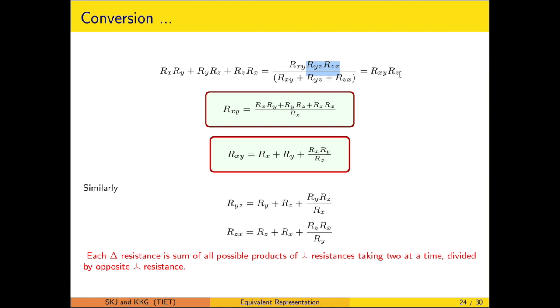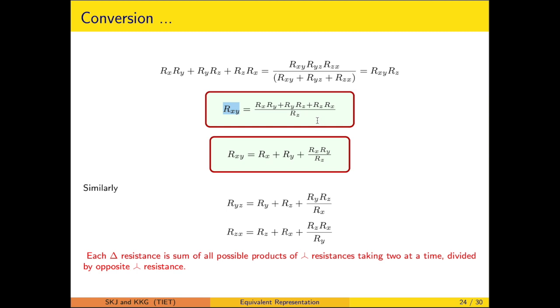Now we are dividing the whole expression by Rz, so you will end up with Rxy. What it is giving us is that the numerator is the sum of all possible products of the star resistances divided by the opposite star resistance. That is how you can spell it out.